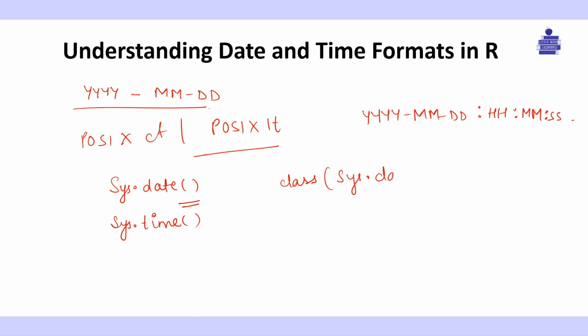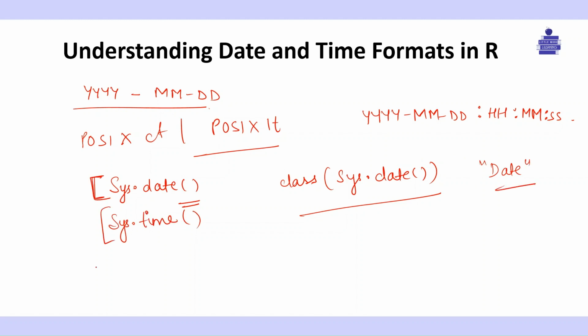It will return the class of the date, which will be Date class only. This function only returns the date, while Sys.time includes time also. When we look at the class for this statement, the class will be POSIXct.